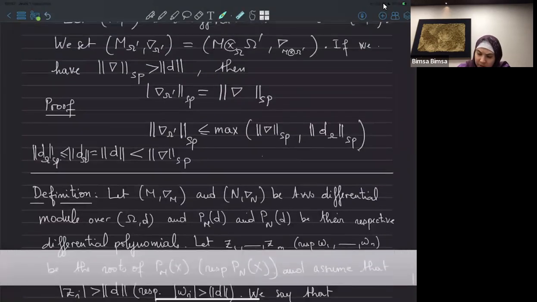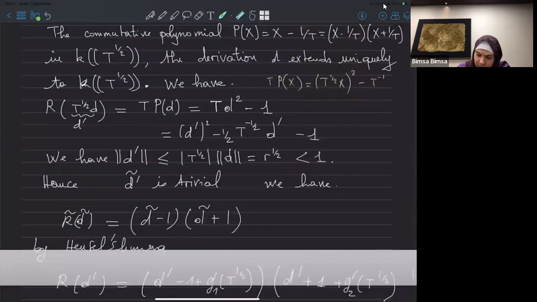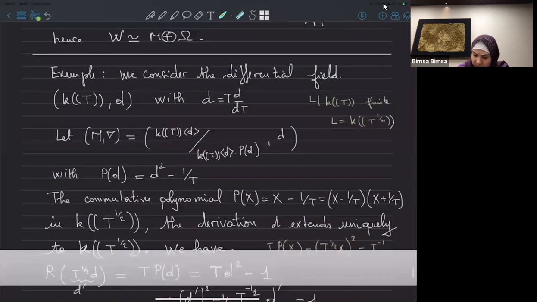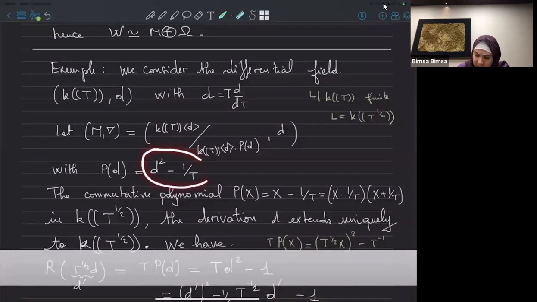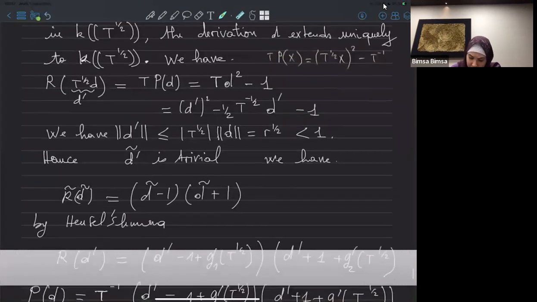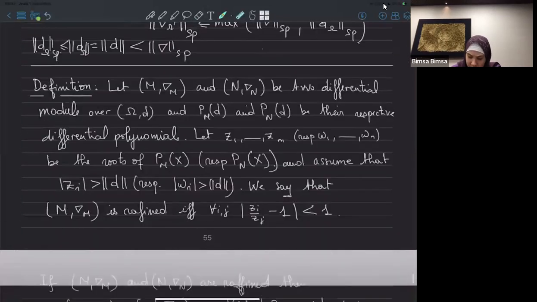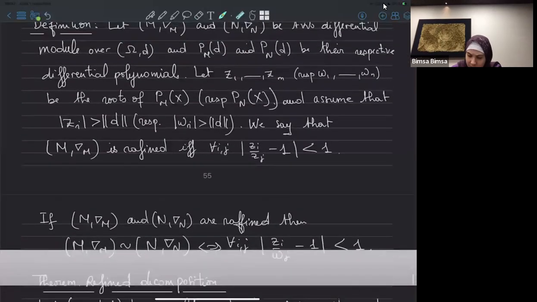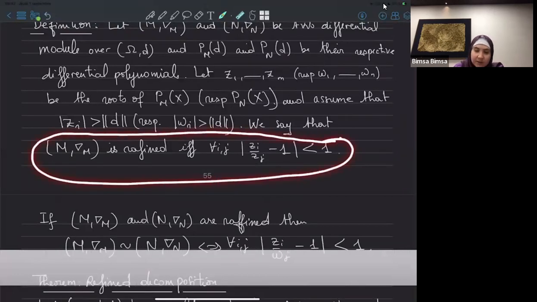And for example, in our previous example, even if this polynomial is irreducible as a differential polynomial, we are not in this situation. The thing is not refined. It doesn't satisfy this.